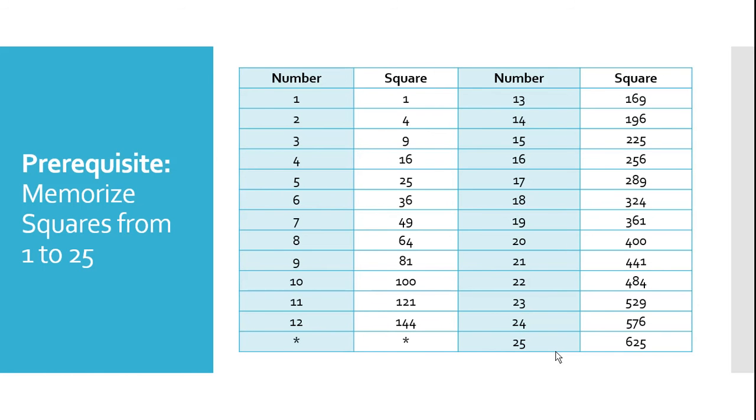So the square of 23 is 529, the square of 24 is 576, and the square of 25 is 625. You need to memorize this, because to make your speed faster in calculating squares of higher numbers, if you have these numbers handy in your brain, the calculations will become much faster.